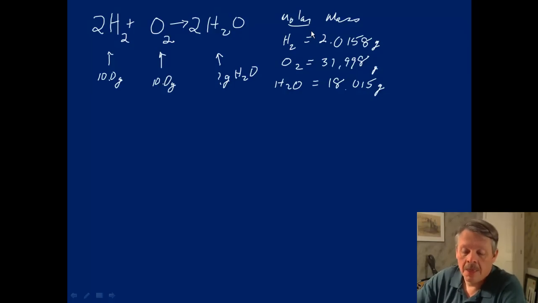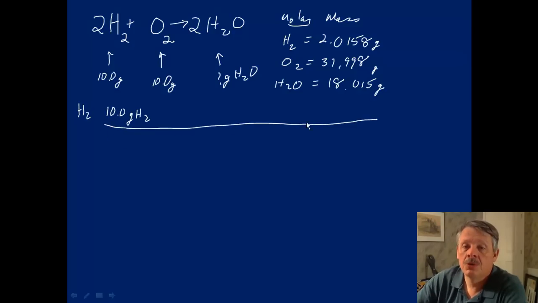Okay, so now what we want to do is calculate how much water can be produced based on our grams of hydrogen and oxygen. So let's go ahead and try that. There's H2, and we're starting with 10.0 grams of H2. Now, to be able to get to grams of water, we're going to do a stoichiometry problem.